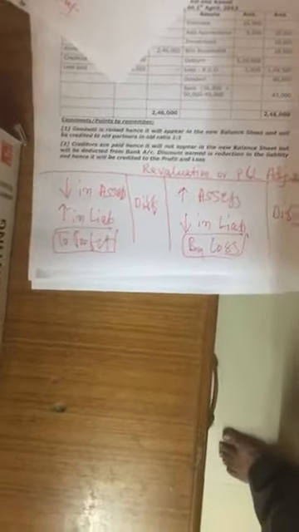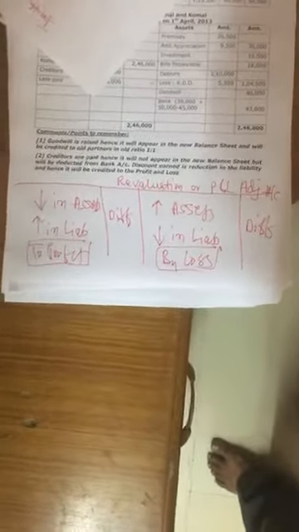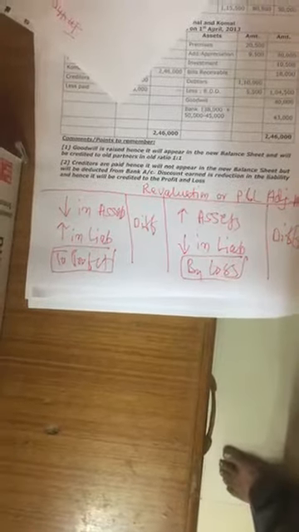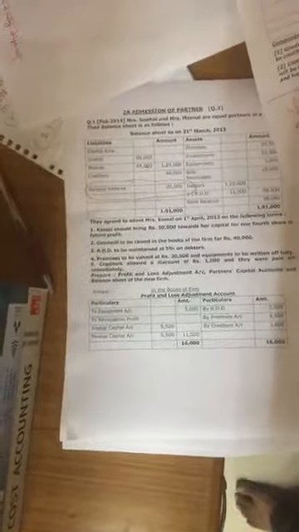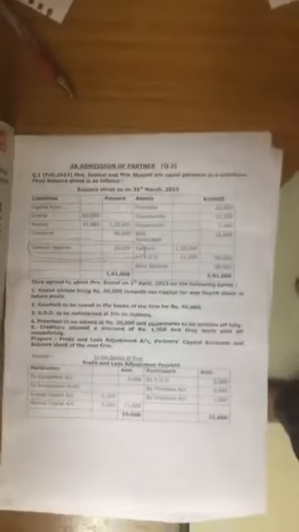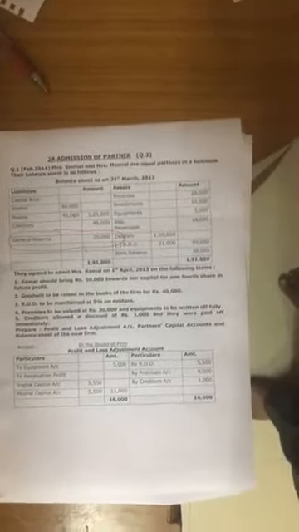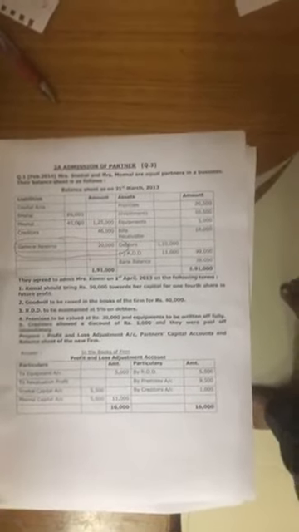So now I will show you an example of how changes in assets and liabilities are shown in the revaluation account. Here, the first problem we saw is that of Mrs. Snail and Mrs. Meenal.